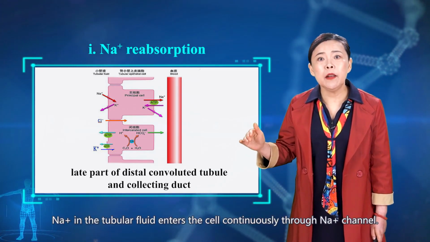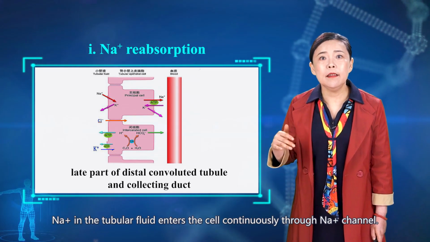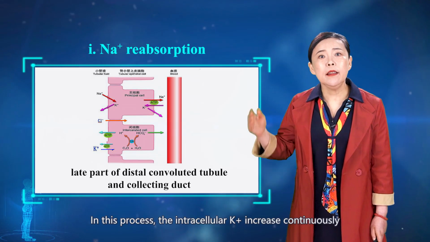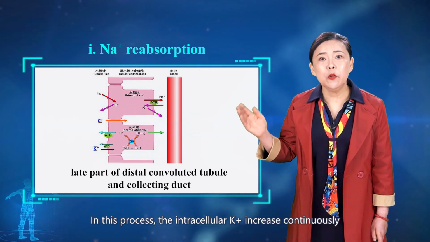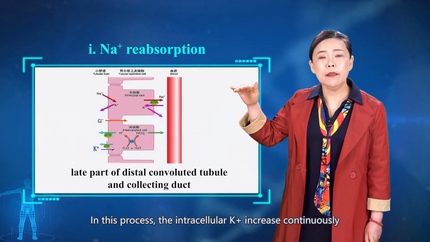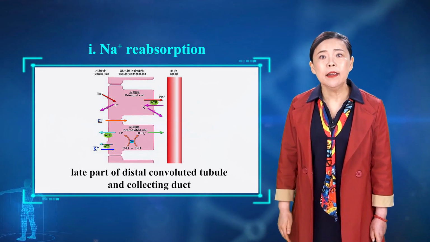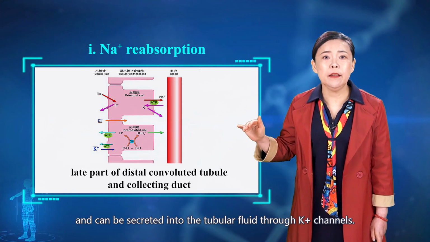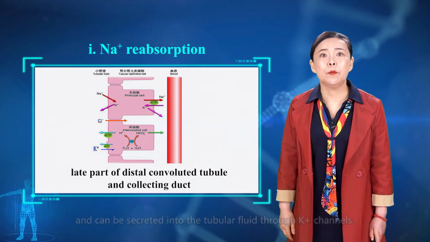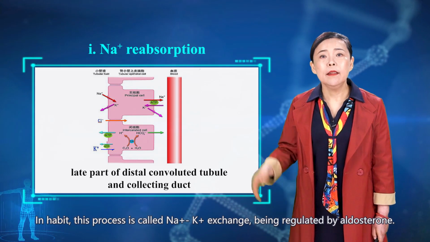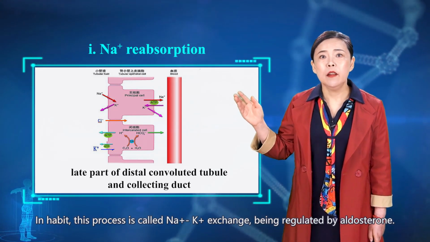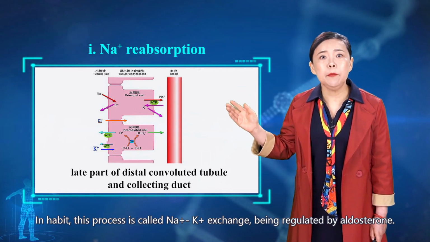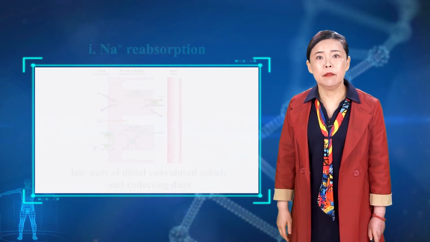Sodium in the tubular fluid enters the cell continuously through sodium channels. In this process, the intracellular potassium increases continuously and can be secreted into the tubular fluid through potassium channels. This process is called sodium-potassium exchange, and is regulated by aldosterone.